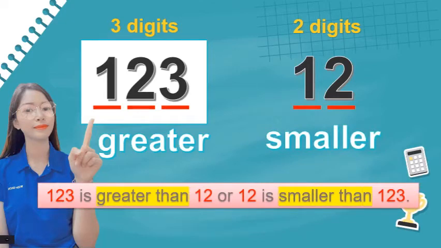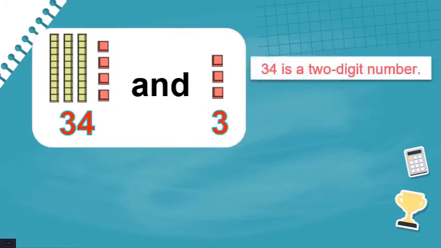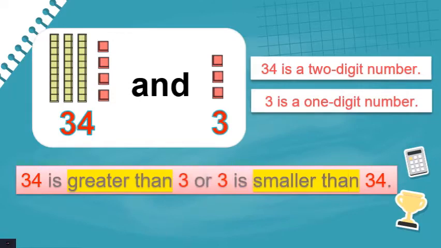Or if you put it the other way around, 12 is smaller than 123. 34 and 3. 34 is a 2-digit number, and 3 is a 1-digit number. Therefore, 34 is greater than 3, or 3 is smaller than 34.